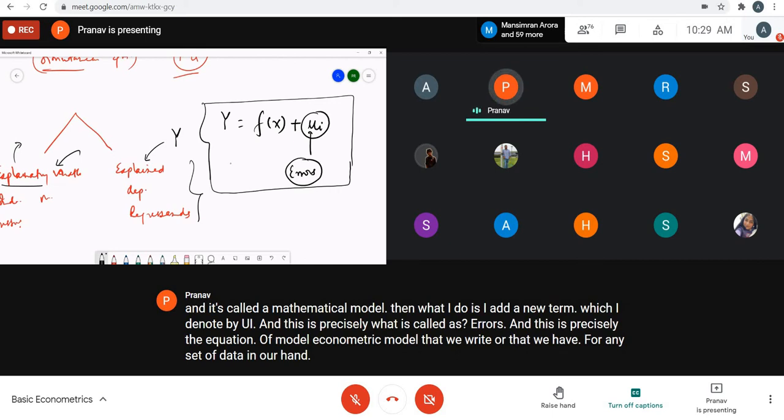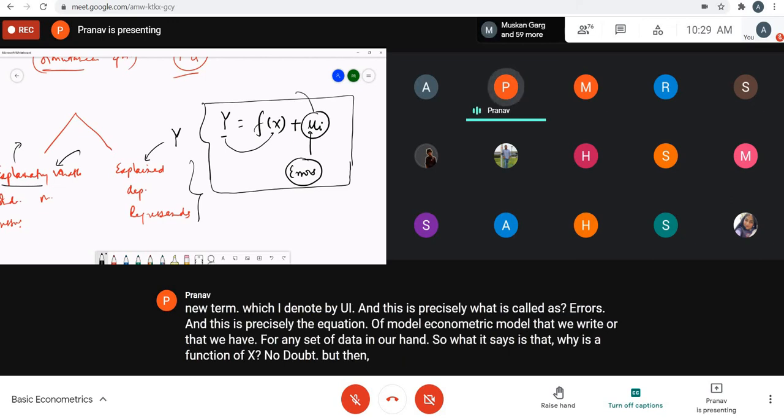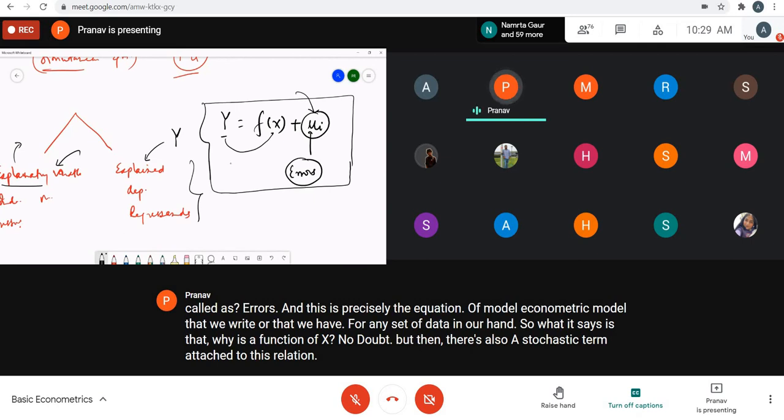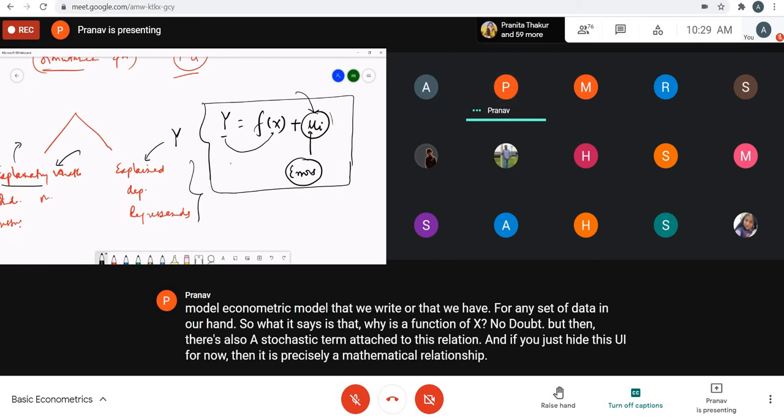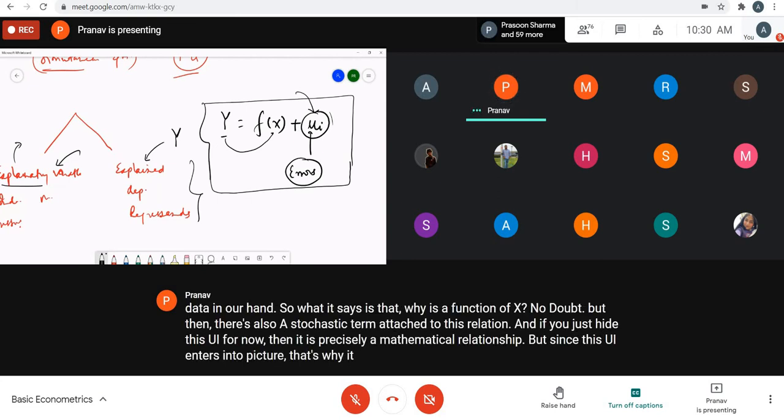So what it says is that y is a function of x, no doubt, but then there's also a stochastic term attached to this relation. And if you just hide this ui for now, then it is precisely a mathematical relationship. But since this ui enters into the picture, that's why it becomes probabilistic in nature.